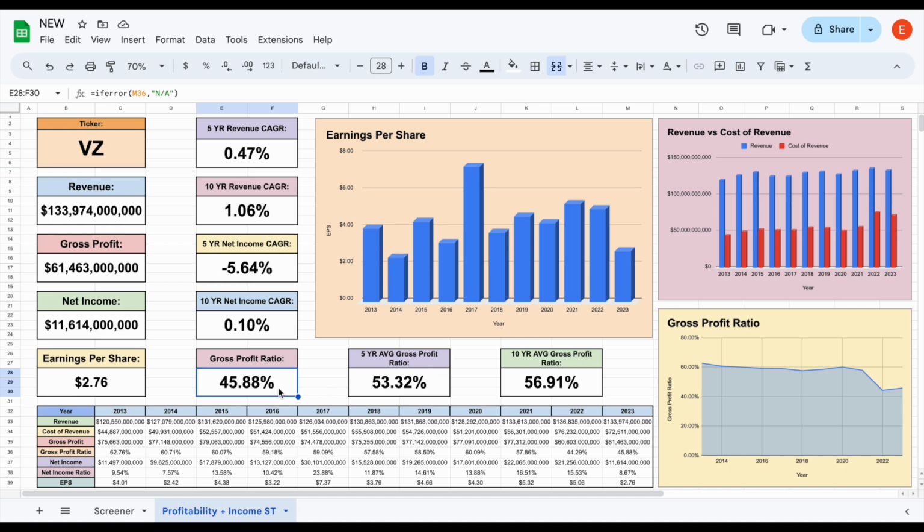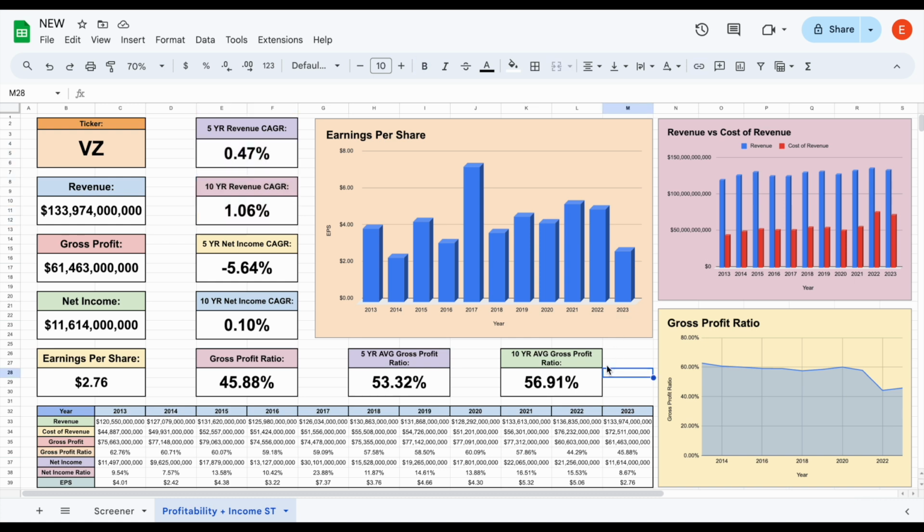But when we see a gross profit ratio that is a decent bit below the 5-year and the 10-year average, that is not a good sign for the company. And with ticker data and this spreadsheet, it's very easy to see that that is the case for this company. They are becoming less and less profitable, revenue is growing at a slow rate, and the cost of revenue is increasing as well. So again, this spreadsheet makes all that analysis extremely easy.